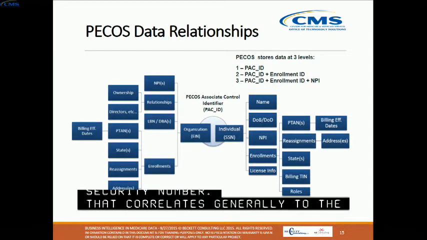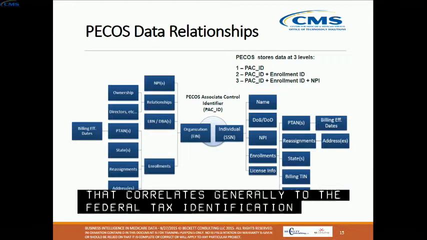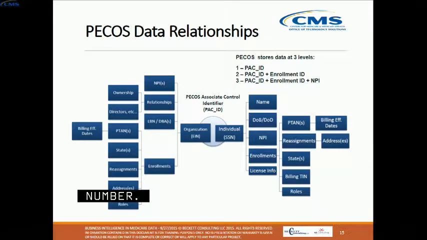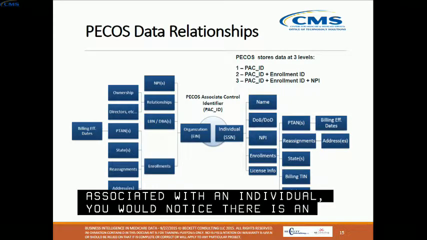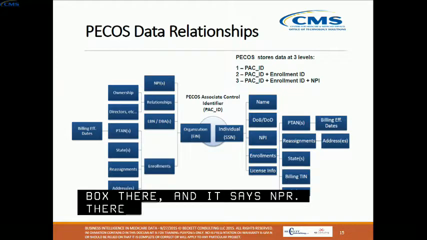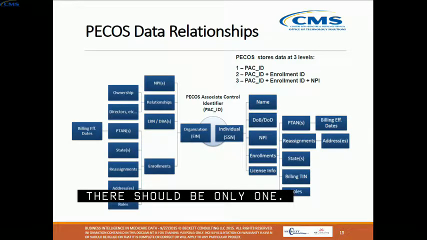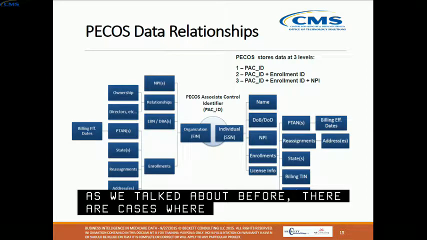If you look on the right associated with an individual, you'll notice that there's an NPI box there, and it says there's one. There should be only one. As we talked about before, there are cases where that gets replaced, but there should be only one currently active NPI associated with that individual.